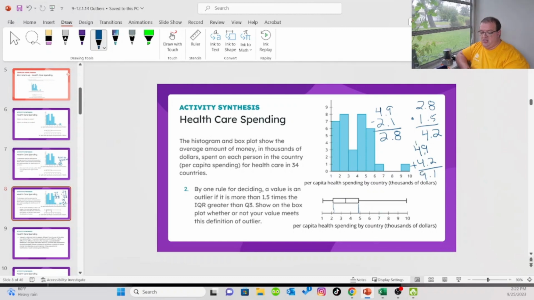So that puts us at 9.1. So this may or may not be considered an outlier because it could be as small as 9,000 or it could be as big as just under 10,000. So this may or may not meet the definition of an outlier according to this.